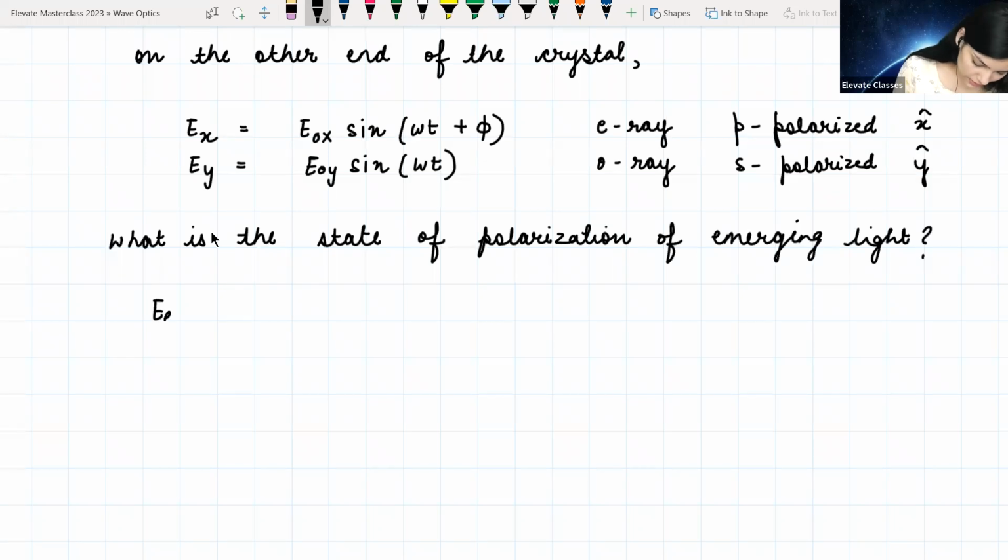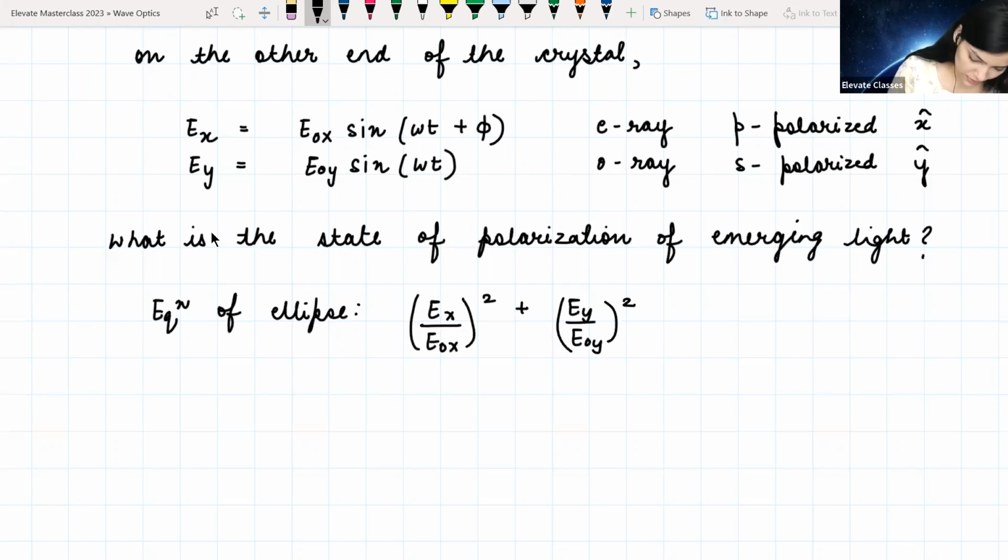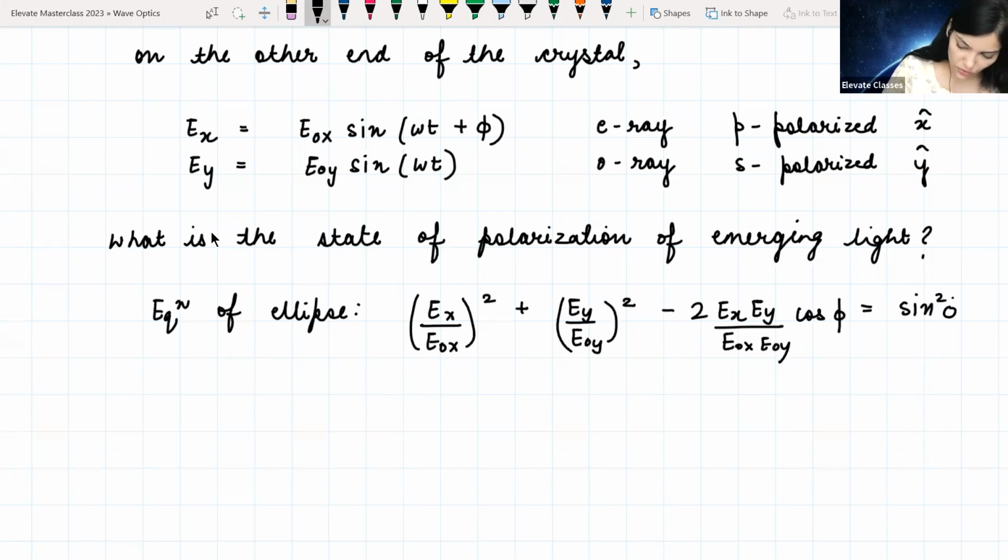So I will get the equation of ellipse, which was that I have Ex by Eox square plus Ey upon Eoy square minus 2 Ex Ey Eox Eoy cosine of phi is equal to sine square phi. This was the general equation for any value of phi.